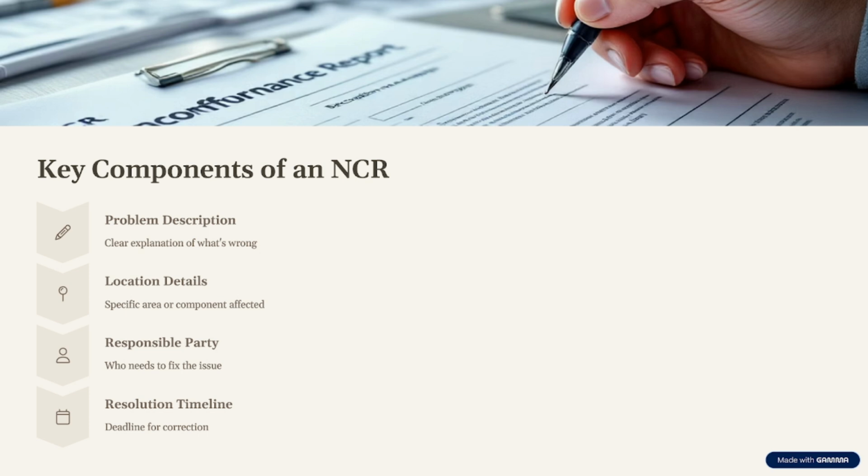You need to mention their name or designation, and you need to give them a timeline to close that NCR. Those are the key components you need to add in the NCR. If any of you want a format of NCR, please don't forget to comment in the comment section, and for sure I will reach out to you and give you a standard format for the NCR.